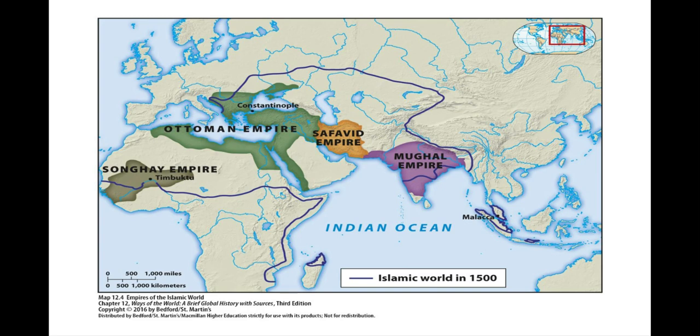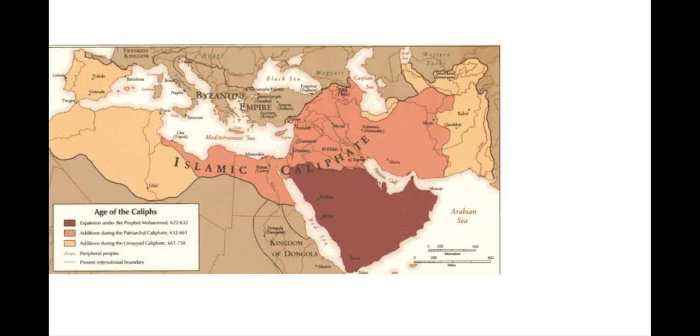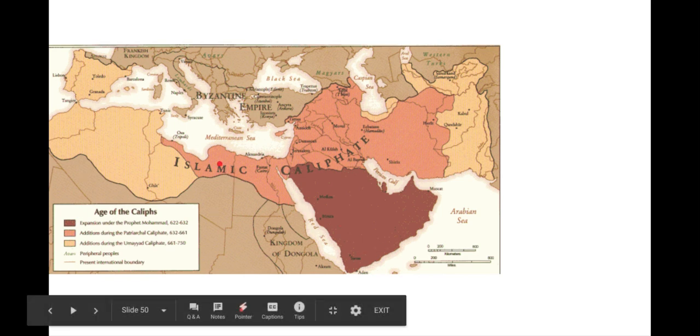Here's the Islamic world in 1500. I could go all the way back to the creation of the Islamic Caliphate and the enormous span of the expansion of Islam after the death of Muhammad in 632.